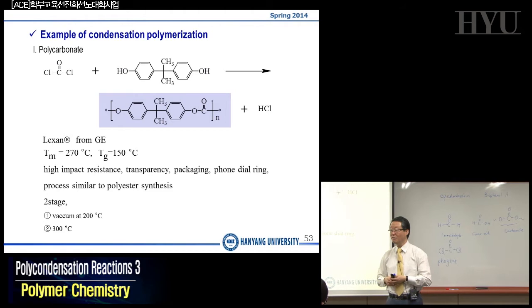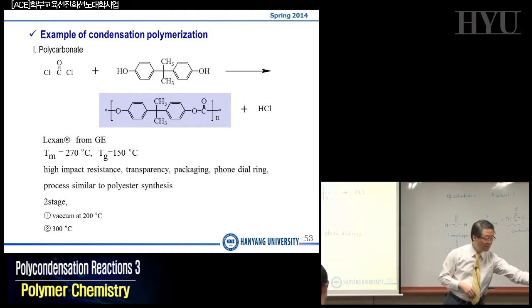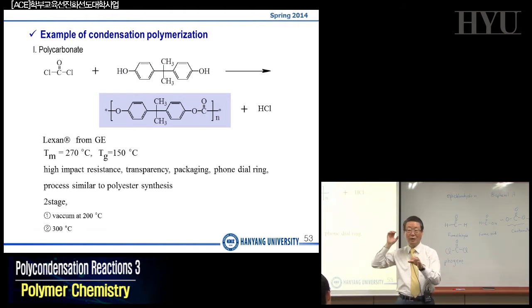Phone dial rings, perhaps it's not very widely used right now, but a long time ago, if you look at the telephone, they used two different plastics, right? It's not connected, but you have a speaking part and the hearing part.